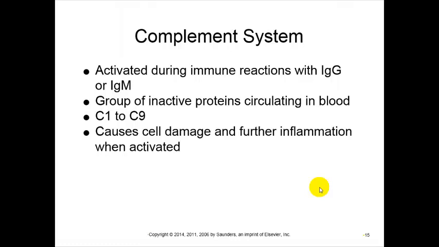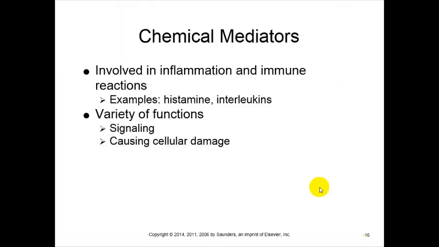And inflammation is what? Heat, redness, swelling, increased permeability. And so the complement system basically helps to destroy the antigen if some kind of microorganism is inside of our body. So that's the complement system, and it uses both IgG and IgM antibodies.